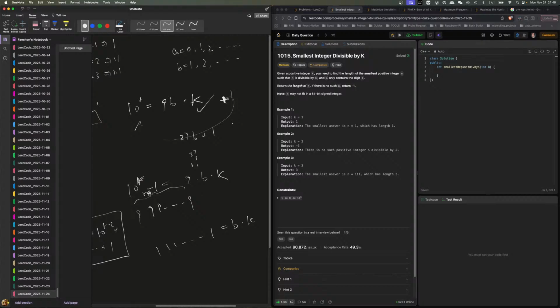Smallest positive integer n such that n is divisible by k and n only contains the digit 1.